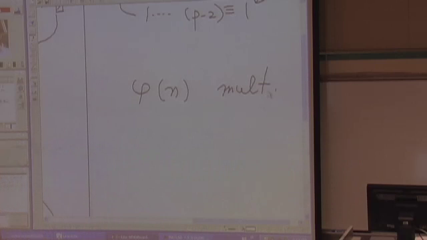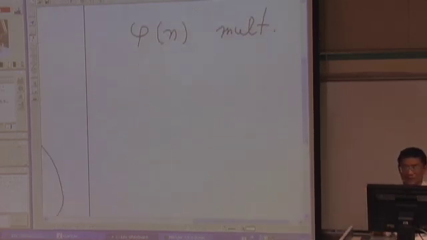Oh, no problem, I can spend 1 hour on this. I actually don't know if I have very good notes on that. So, show that phi of n is multiplicative.